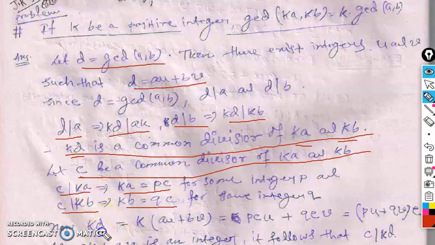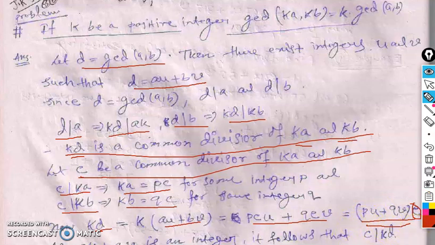Therefore kd, here we use d replaced by au plus bv, and if we replace it in exactly that form, the result becomes this, which proves that kd is equal to some integer into c.